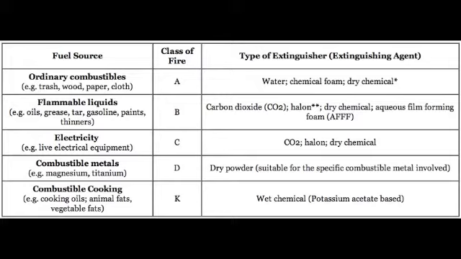For Class C fires, electricity, you have CO2, halons, and dry chemicals. For combustible metals, which is Class D fires, you have dry powder, which is suitable for the specific combustible metal involved. And for Class K fires, combustible cooking, you have wet chemicals, potassium acetate based.